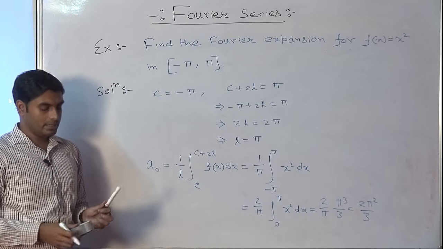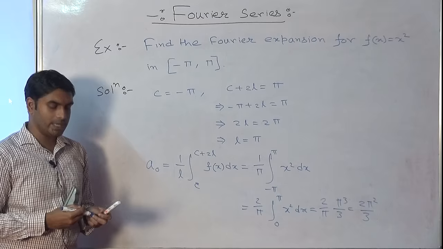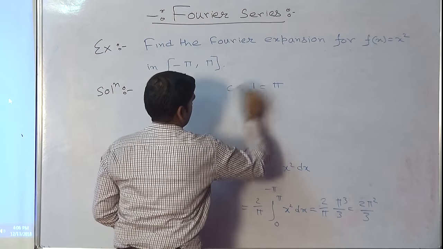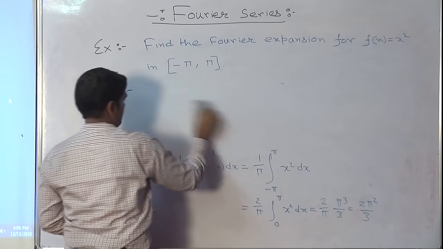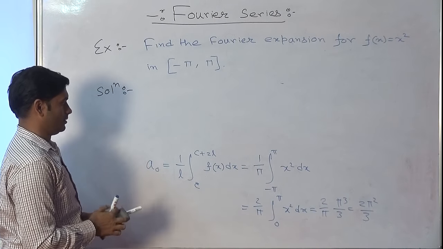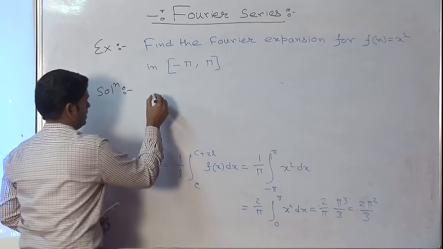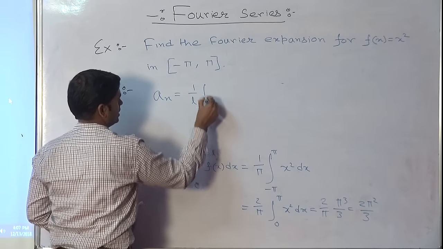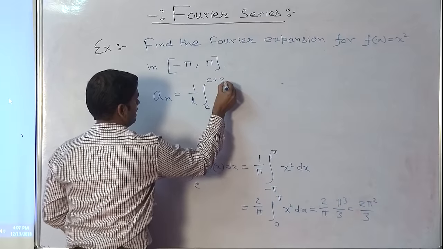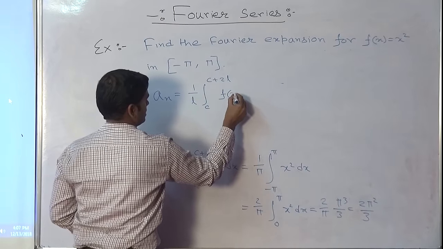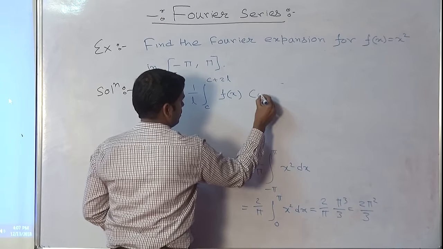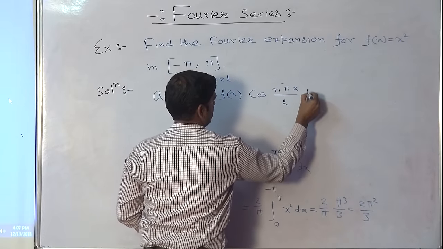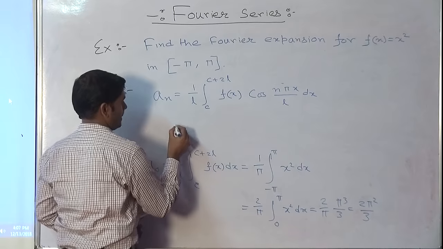Now we will find the other two Fourier coefficients. An is 1 by L integration C to C plus 2L f(x) cos of n pi x by L dx.